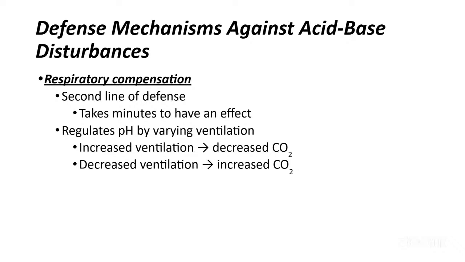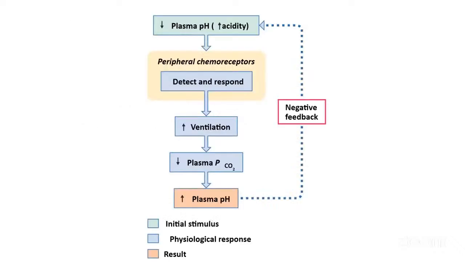Now the opposite also works. If you decrease your ventilation, if you breathe slower, you're not going to be breathing out as much carbon dioxide. If you're not breathing it out, it's not going to go anywhere. It's just going to stay in your blood, so you're going to see a buildup in the level of carbon dioxide as a result. So that's how the lungs can help us.